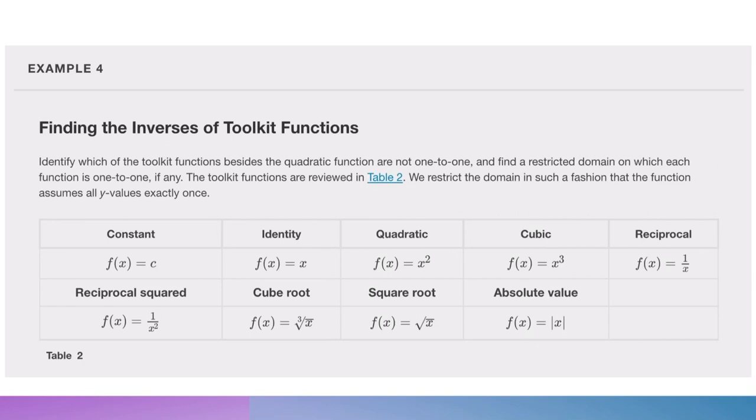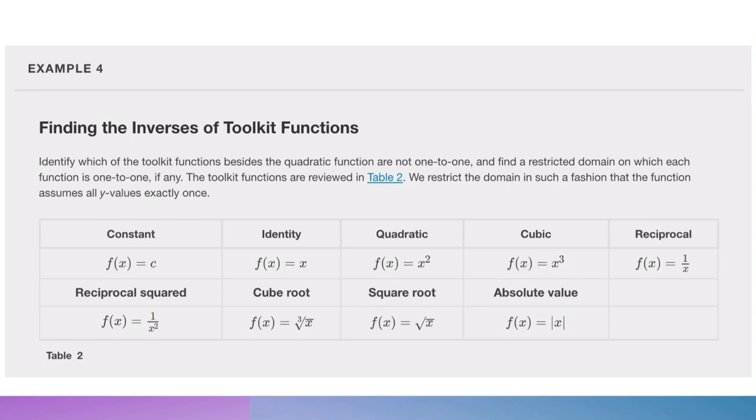Identify which of the toolkit functions, besides the quadratic function, are not one-to-one, and find a restricted domain on which each function is one-to-one, if any. The toolkit functions are reviewed in table 2. We restrict the domain in such a fashion that the function assumes all y values exactly once.